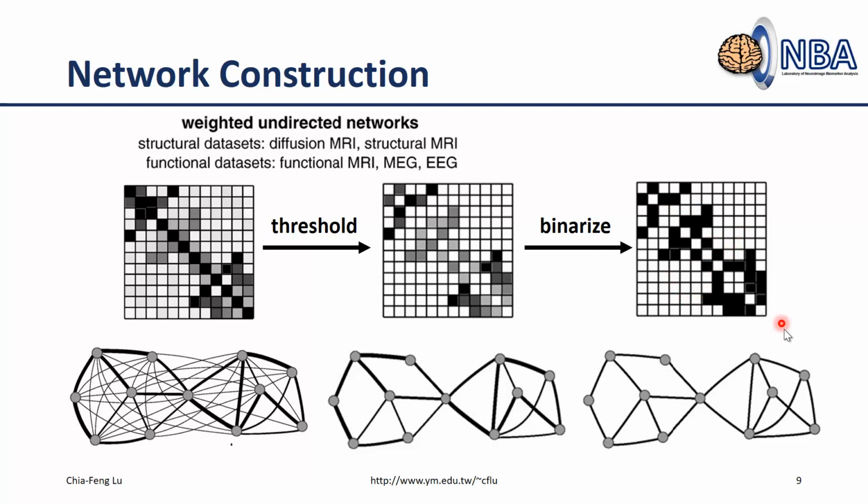Okay, so this is binarized. I no longer care about the weighting or connection strength. I only focus on whether the connection exists or not. So I think these are two essential steps, and definitely key steps when you construct any network for subsequent network analysis.